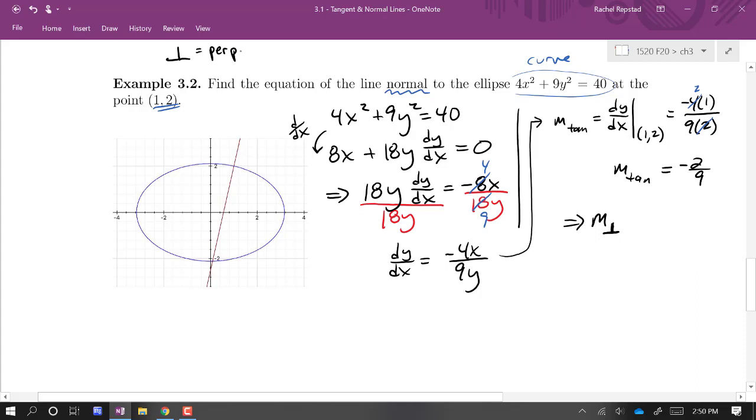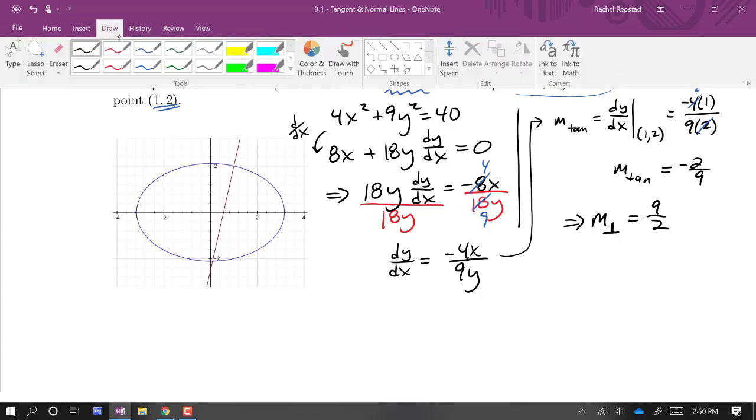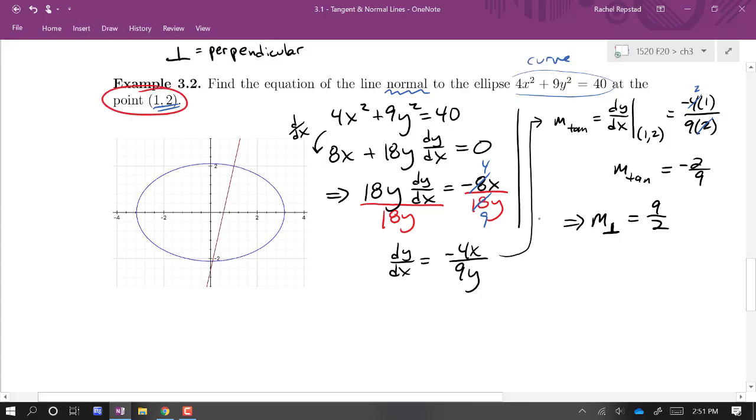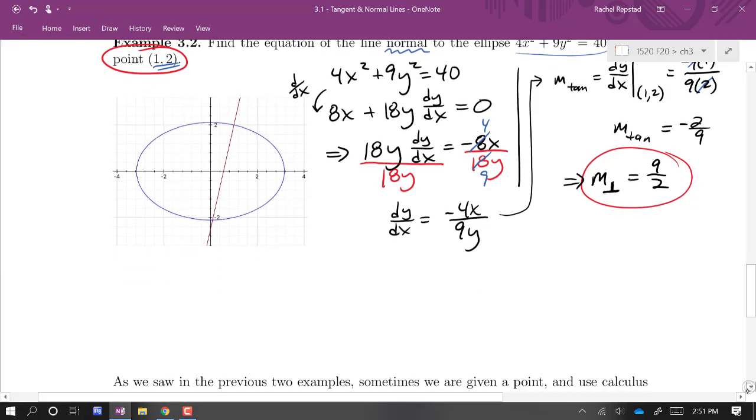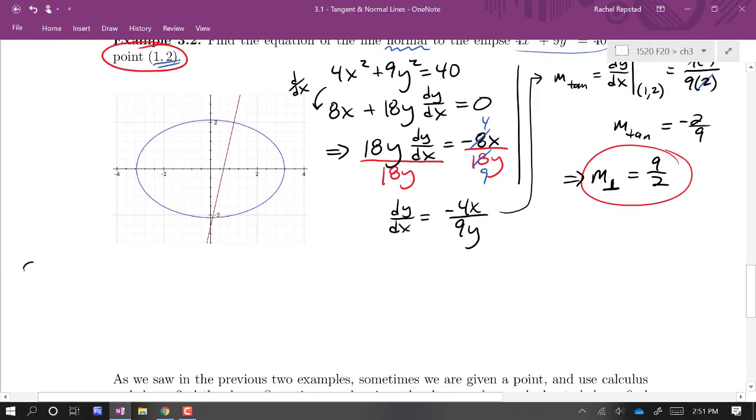You might have seen that in studying geometry. So that's why we use that to indicate the normal slope. So that would be a positive 9/2. Now we know the point they gave us, right? We know our slope. And now we're back where we were in the last problem. At the end, we're going to get the equation of a line. We can use the point-slope formula.